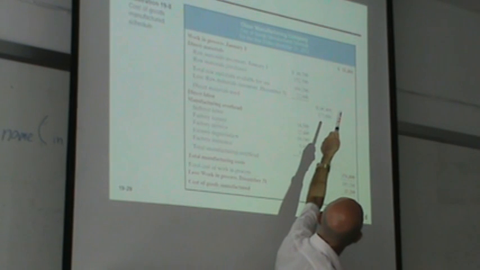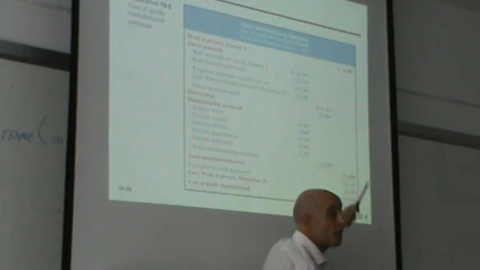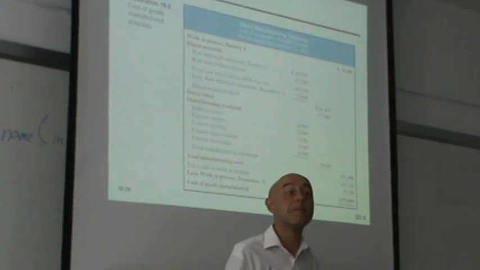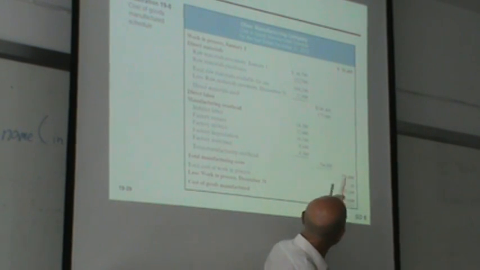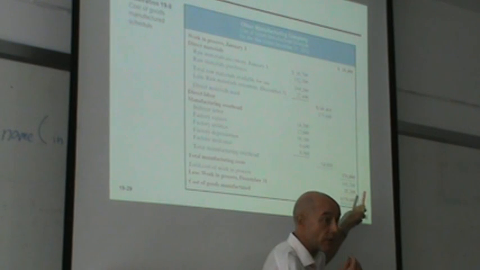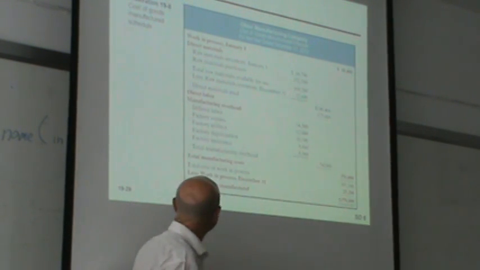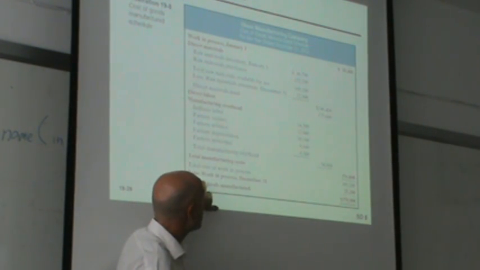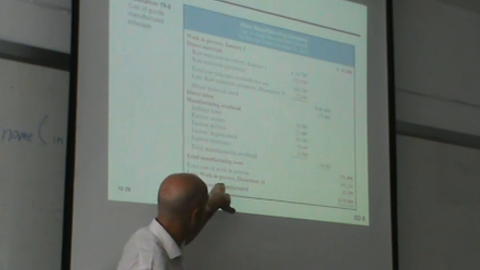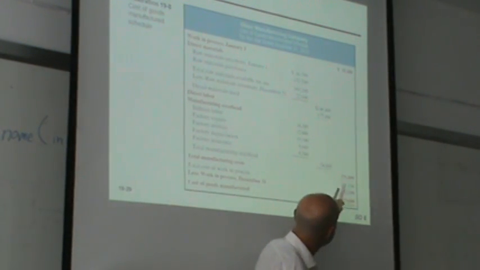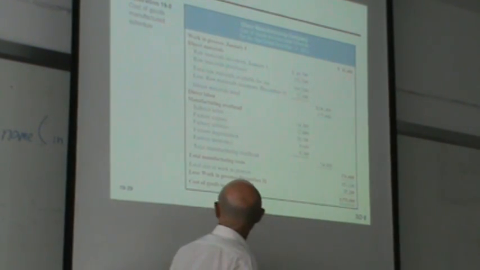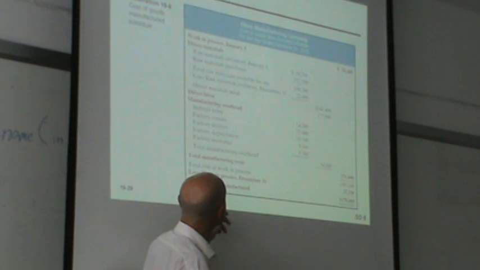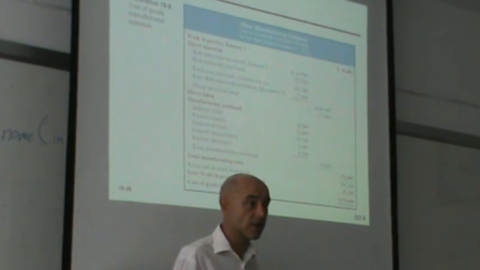So total of 18 and 376 for the whole month is 395. Okay? And then the question is how much you finished with on December 31. You finished with 25. And you got 370. And 370 is the cost of goods manufactured.